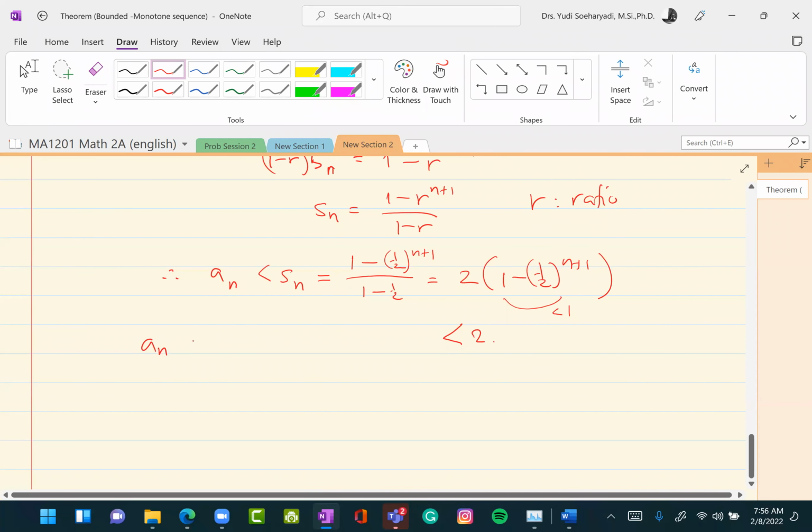It is increasing because you keep adding a positive number. Okay, so it's increasing. Now we know this is bounded by 2.